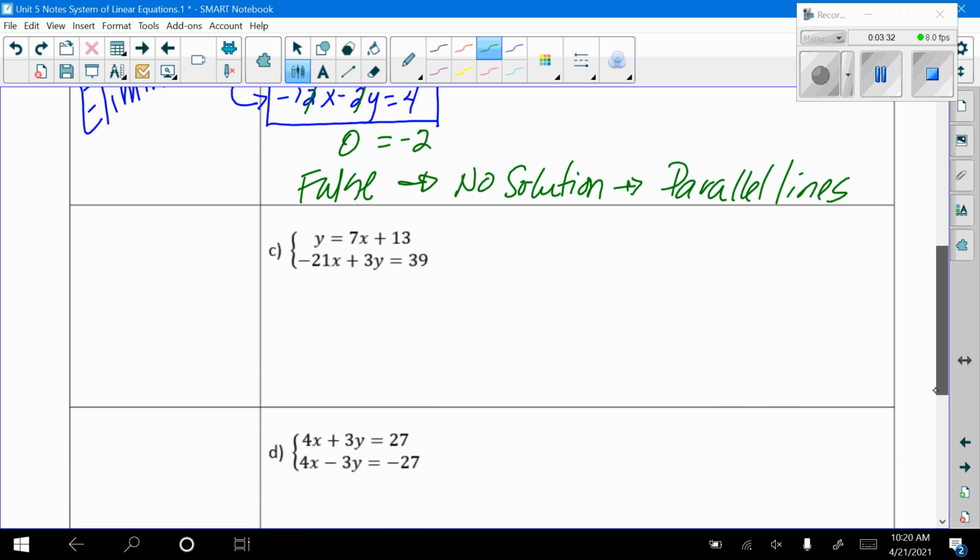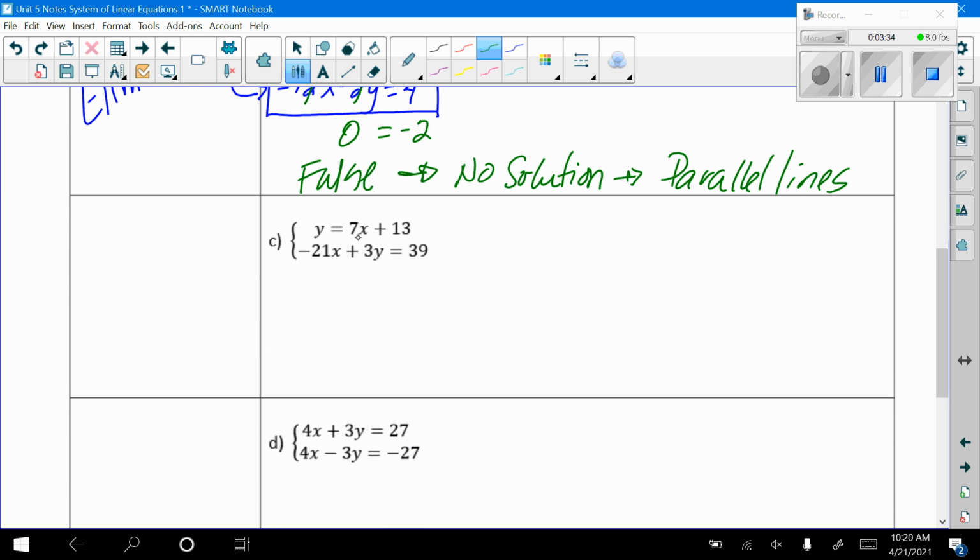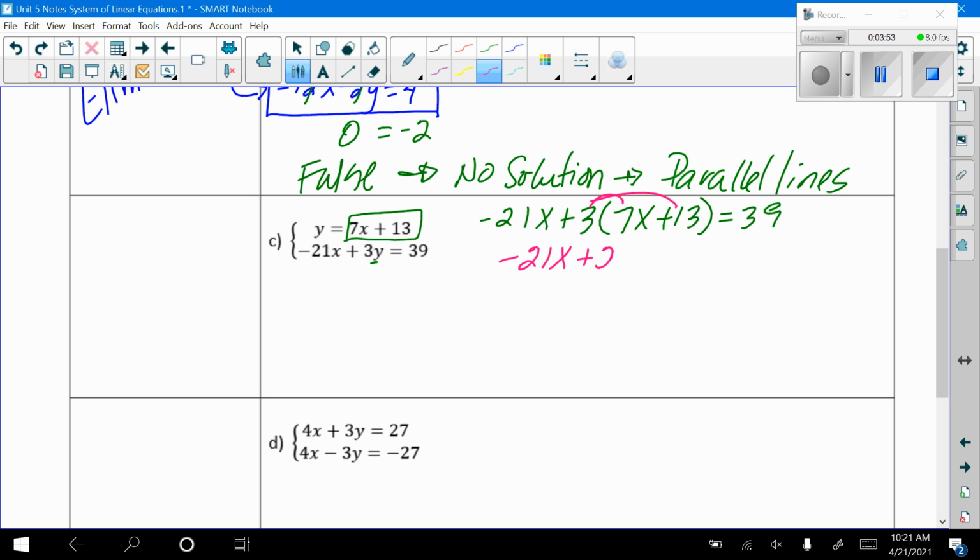The next one, I've got a y equals, so it's actually set up for substitution. I'm going to plug that in. So -21x plus 3 times 7x plus 13 equals 39. Distributive property here, I end up with -21x plus 21x plus 39 equals 39.